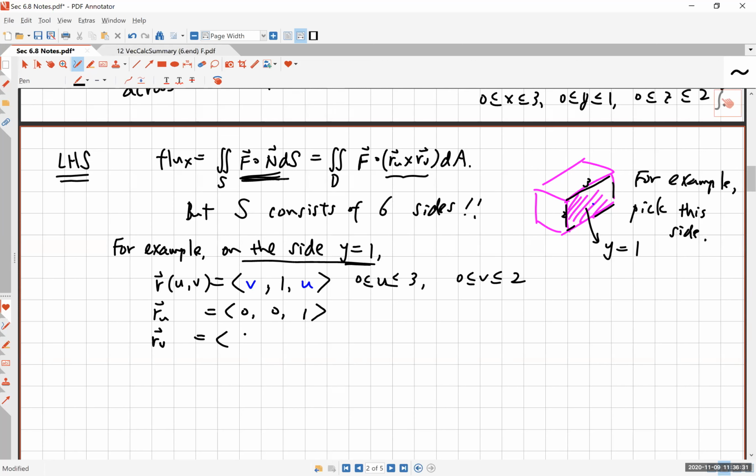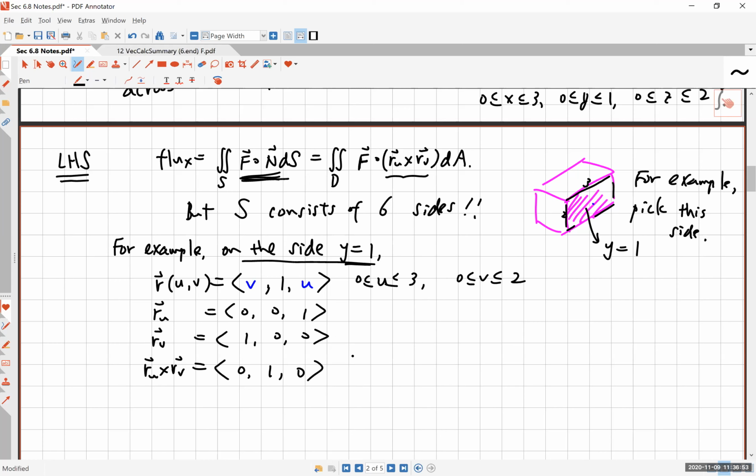My r_v is of course (1, 0, 0). And when you do the cross product of these, you get what? 0, and then the middle one is 0 minus 1, so it's -1, but then you have the minus, so this will be 1, and then the last one is 0, right?